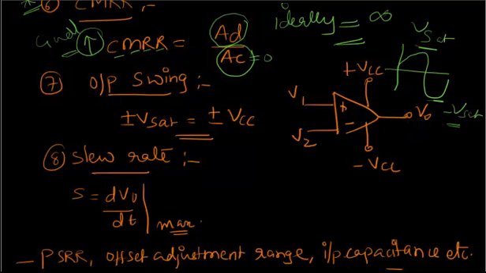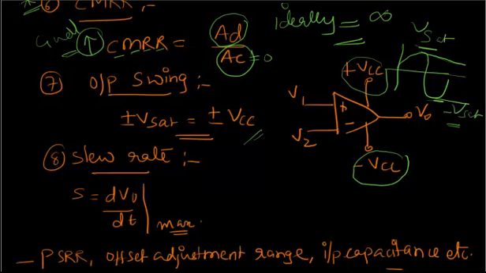The Vsat value can go up to our supply voltage, and minus Vsat similarly can go to minus VCC. This is the maximum value up to which the op-amp can go. After this value, if the input increases further, the output becomes constant like this. Even here it becomes constant at this value if the input increases further. This is called saturation of the op-amp.